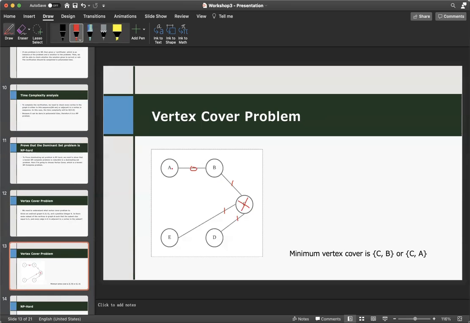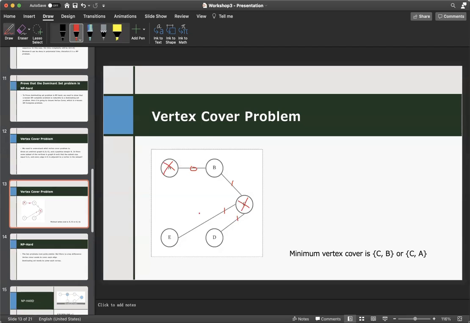So we can choose either A or B. So for this question, the solution will be C and B or C and A. Both will be okay. Just make sure to cover all edges in this graph when you deal with this kind of question.